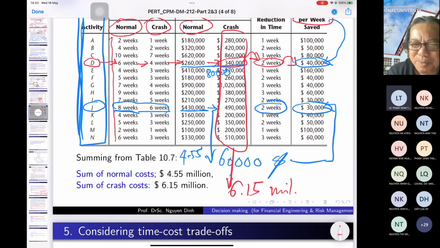It sounds impossible. That is so much money. But it's not like that. Not all of the nodes need to be crashed, and with each node you can crash 2 weeks, 4 weeks, or for some of them 3 weeks. You don't need to crash all of this. You crash some of the nodes. It's enough.